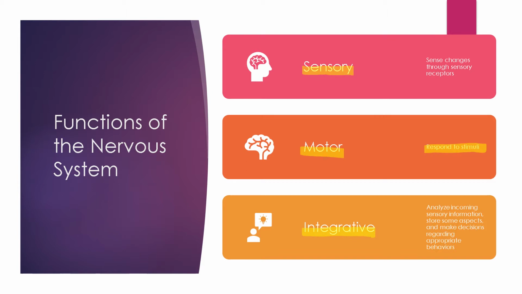So these integrative neurons are going to be the neurons that process and analyze the information coming in. They help us to make decisions, or help the neurons to make decisions in the very least. Now, once sensory information is integrated, the nervous system may elicit an appropriate motor response by activating effectors.